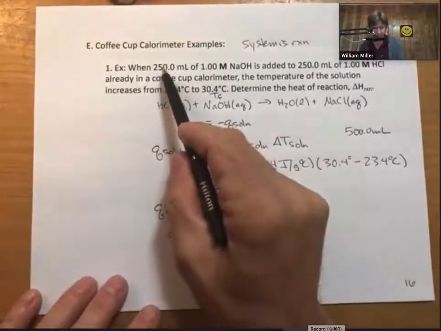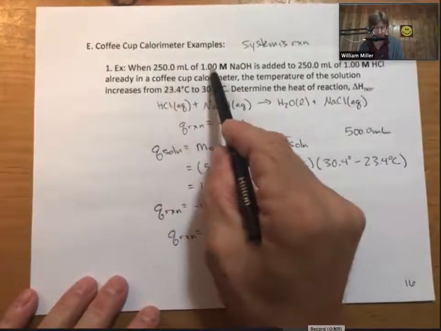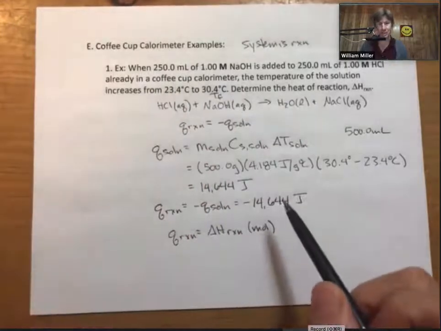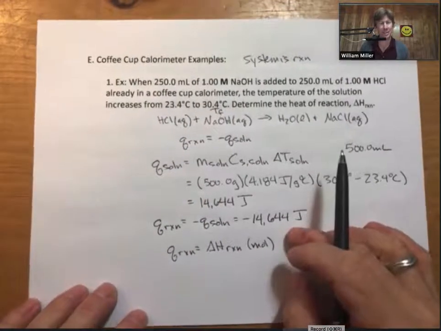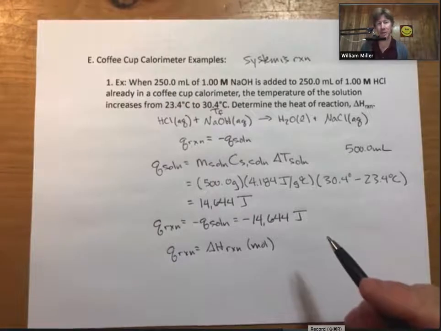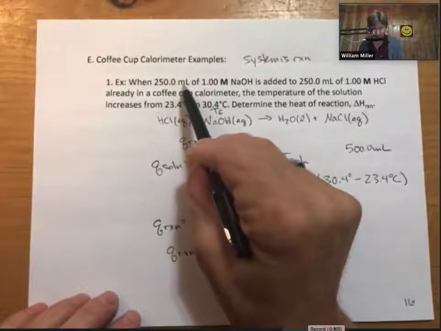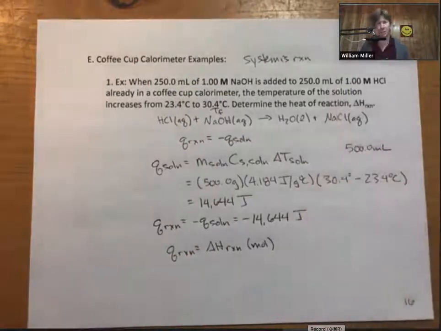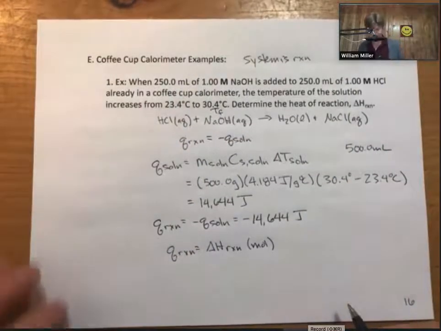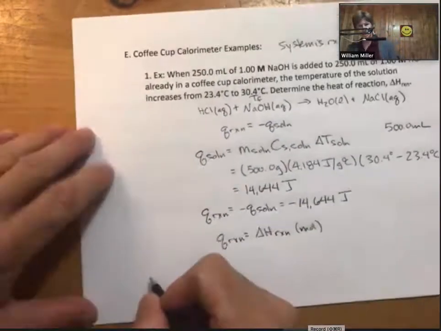You can see that we have the same volume and molarity of each of these. So this is a problem where each of our reactants is limiting. So if we find the moles of one, it'll be the moles of the other, and it will be the limiting reactant. I'm going to solve that over here.